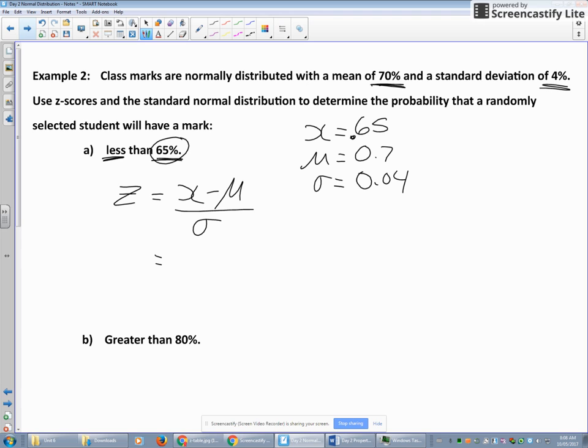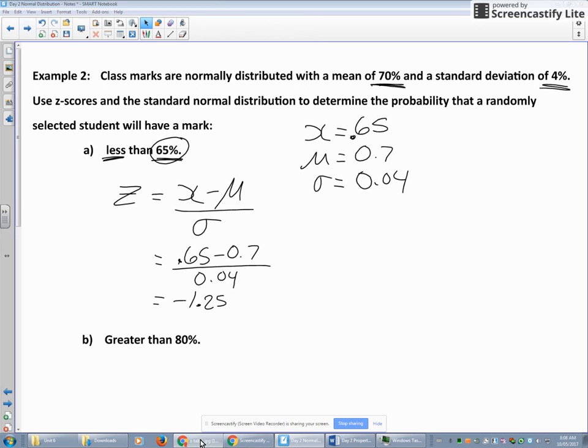So our X value is 0.65, subtract our mean of 0.7, over our standard deviation of 0.04, and this yields a Z-score of minus 1.25.